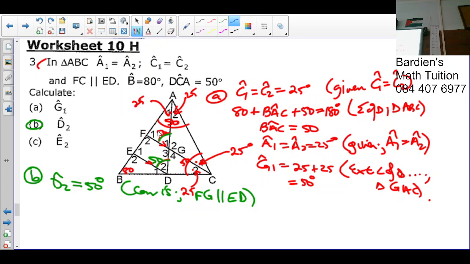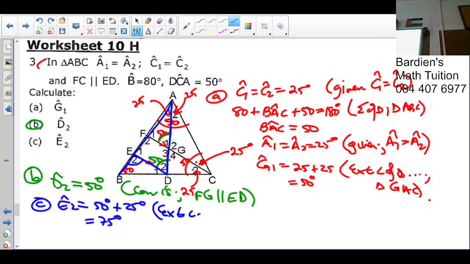E2. So for C is E2. E2 is this angle here. You see, E2 is the exterior angle of triangle ADE. Can you see that, people? So E2 is equal to 50 degrees plus 25 degrees, which is 75 degrees, and the reason here is exterior angle of triangle.